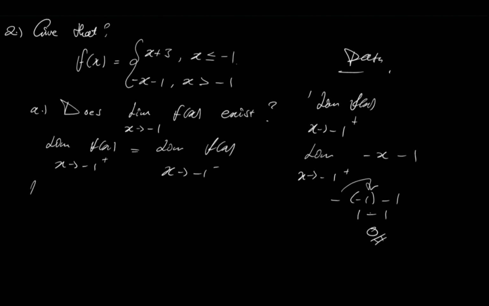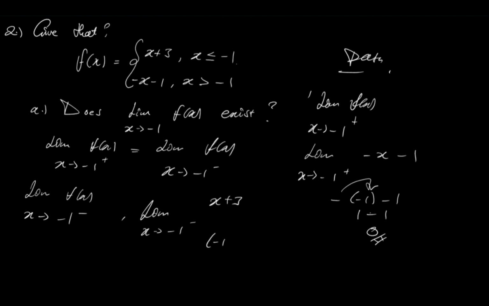Then you do the same thing for the other limit, the limit of f of x as x approaches negative 1 from the negative hand side. So try and look for values that are less than negative 1. So we're going to get the function where it says x being less than or equal to negative 1. So we're going to have the limit as x approaches negative 1 from the negative side, which would be x plus 3 as our function.